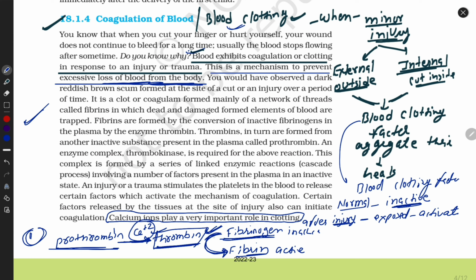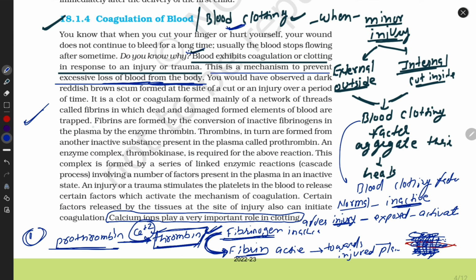Thrombin converts fibrinogen into fibrin and it goes towards the injured place and makes fibers over there. At the injury site, they make a network-like structure, and some thrombin is located there, platelets also occur there, and they heal the damage. So this is the mechanism of how blood performs its clotting process.